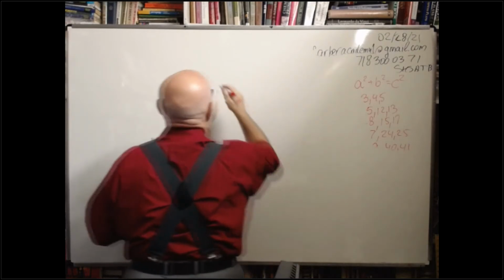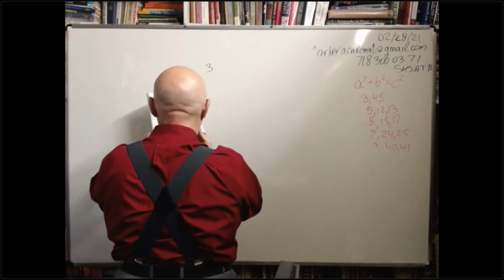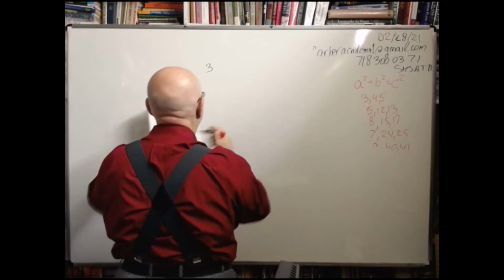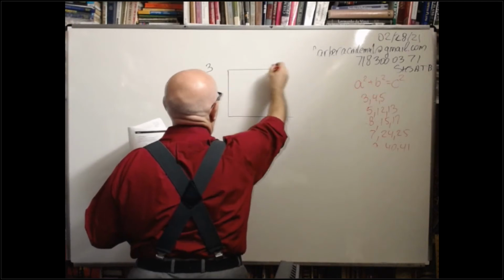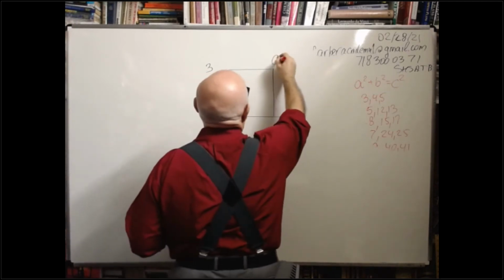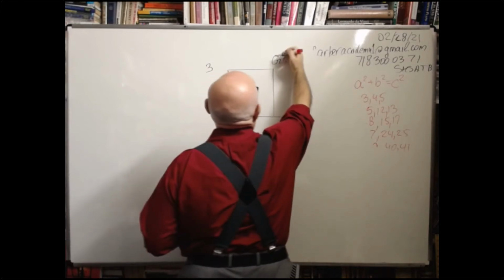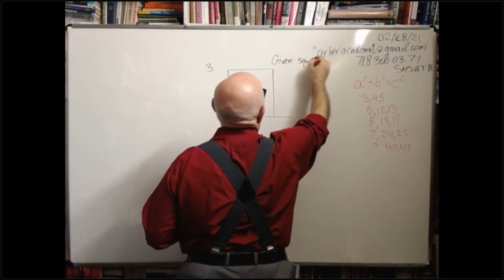Example number 3. Let's say you have a square. This is a given square.